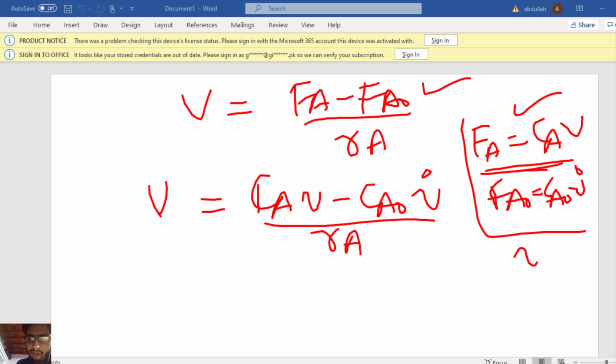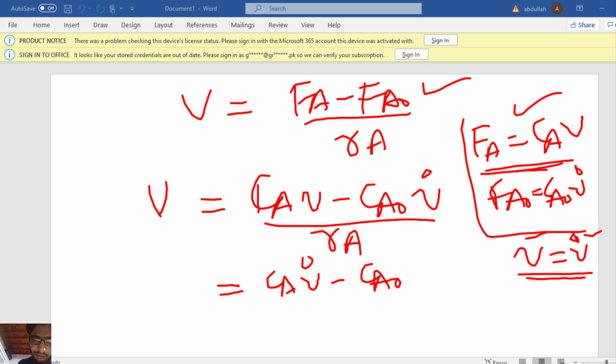Now if v is equal to v0, the exit and inlet volumetric flow rates being equal, then this becomes CA0 minus CA divided by the rate.